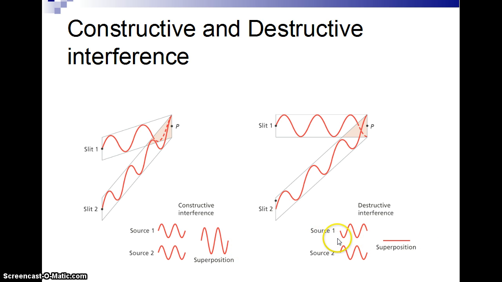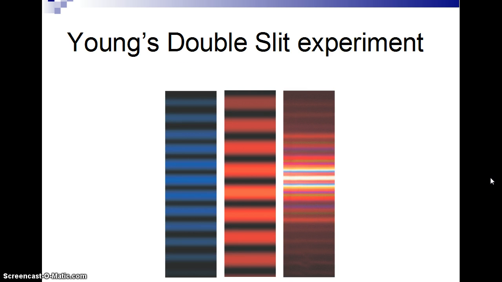And if they're out of phase, where you have a minimum here lined up with the maximum there, you get a superposition of 0. They cancel out. This is what's called Young's double slit experiment. You can have different wavelengths of light going through double slits, showing that blue light and red light have different wavelengths, and directly that they are waves.